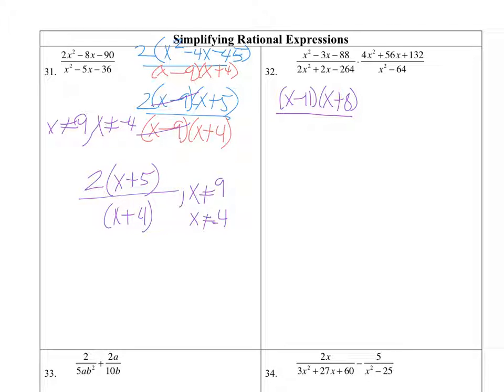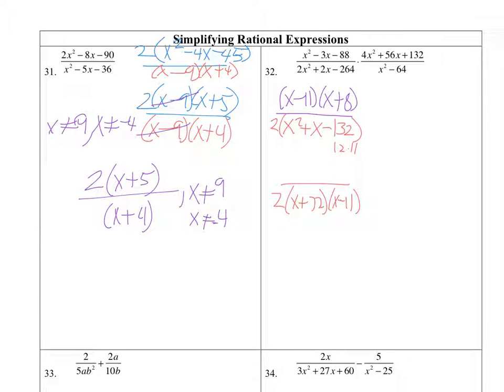Bottom left, I'm going to take a 2 out first. x squared plus x and minus 132. Okay, by the way, that's 12 times 11. That's going to turn into 2, and then x plus 12, and x minus 11.